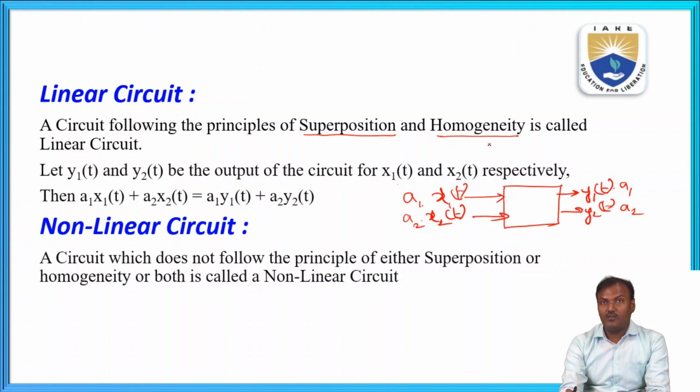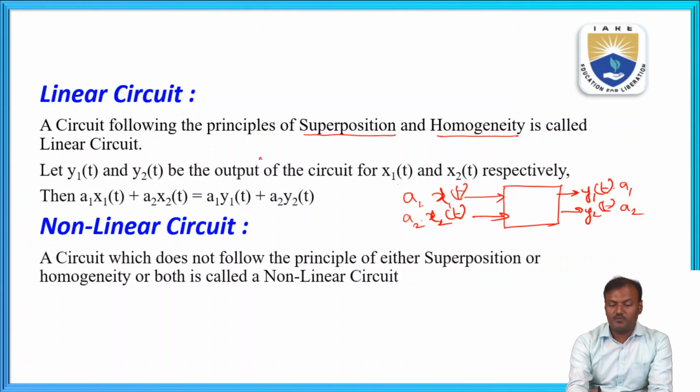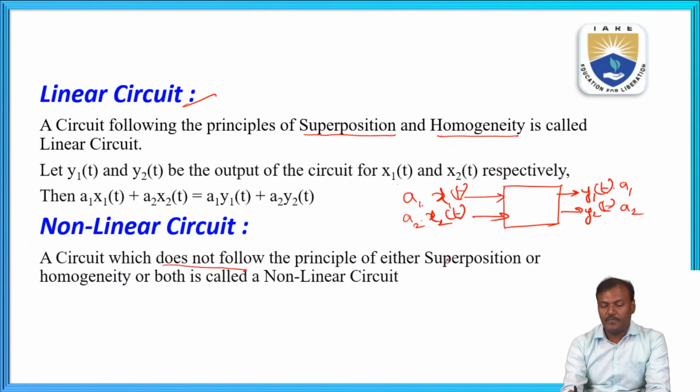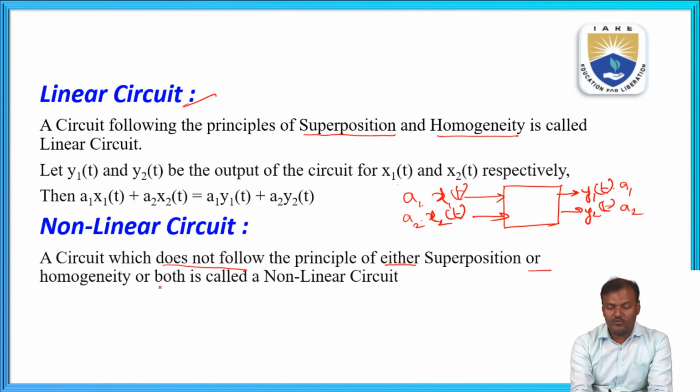The circuit which obeys the principles of superposition and homogeneity is known as a linear circuit, and vice versa. Next one is the non-linear circuit, which does not follow the principle of either superposition or homogeneity or both.